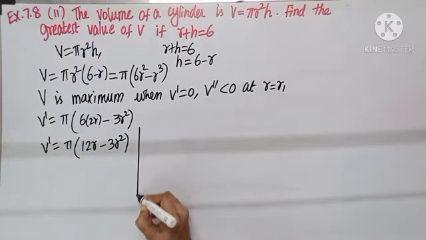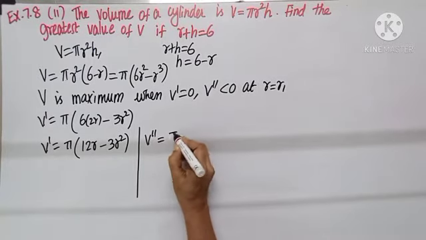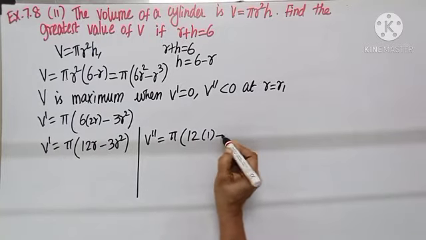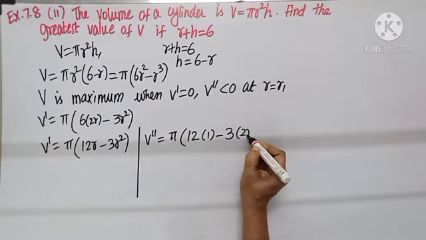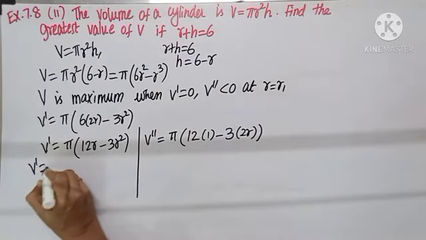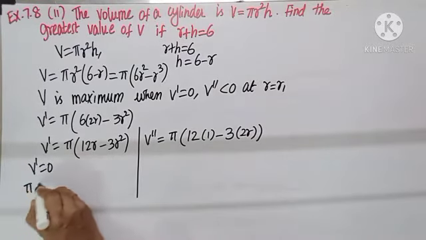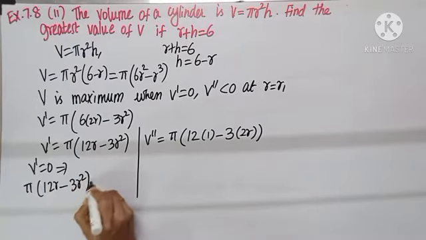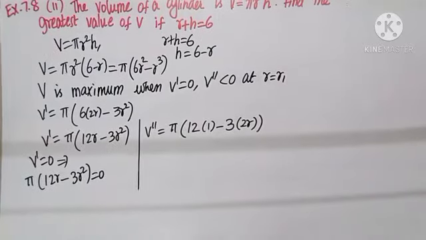Find out V double dash. Pi as it is. 12r will become 12, minus 3r square becomes 6r. Find V dash equal to 0. Pi into (12r minus 3r square) equals 0. Pi is not 0.